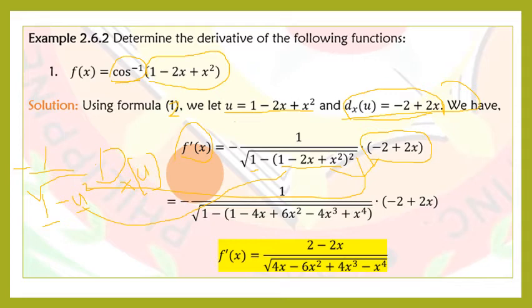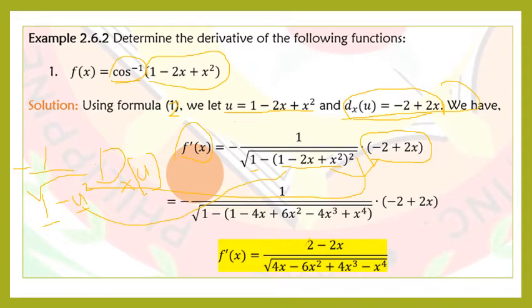And then, therefore, ang f prime ni arc cosine or cosine inverse is 2 minus 2x kasi si 1 is si negative 1, i-times natin kay negative 2 plus 2x is magiging negative 1 times negative 2 is magiging positive 2. And then negative 1 times positive 2x is magiging negative 2x.